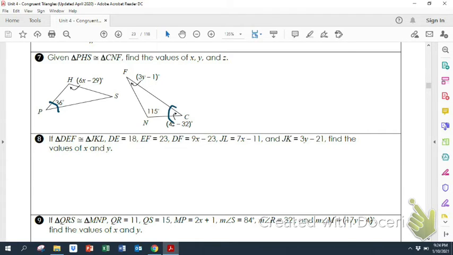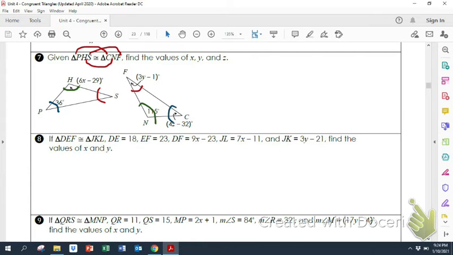And I can go ahead and say that angle H, let's get a different color, angle H corresponds to angle N. And finally, I can say that S corresponds to angle F. And all I'm doing is just connecting the letters. I'm just looking at the letters that are in order that way.